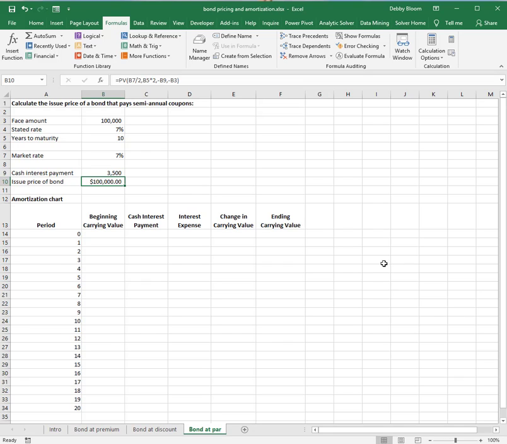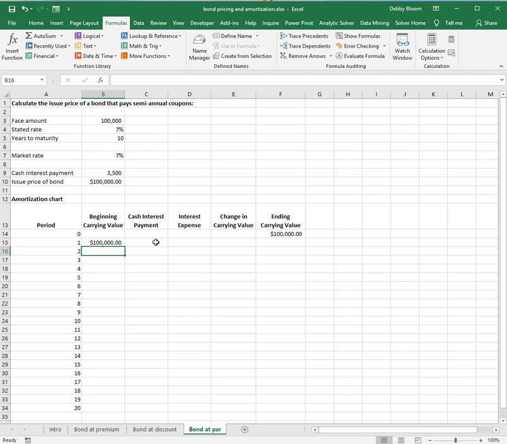So now let's amortize this bond the same way that we did before. Our ending carrying value for period 0 is the issue price of the bond. So I'm going to type an equal sign and click on cell B10. In period 1 on row 15 of our amortization chart, the ending carrying value for period 0 is the same as the beginning carrying value for period 1.